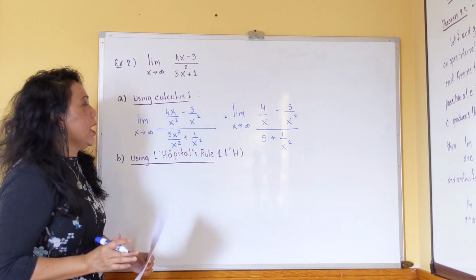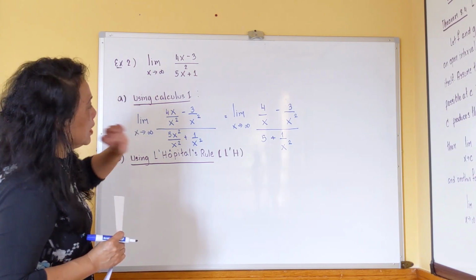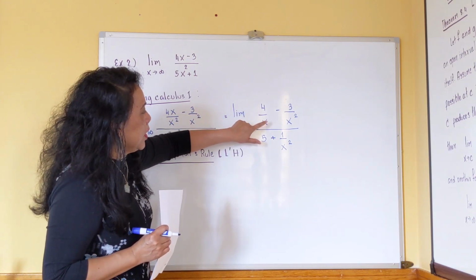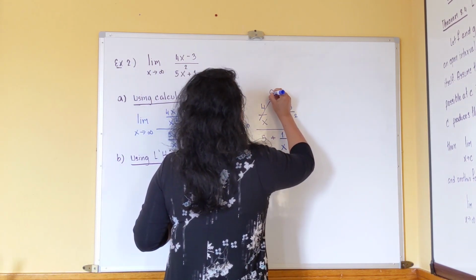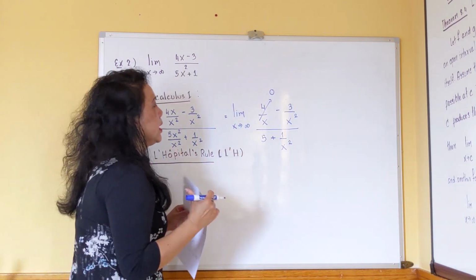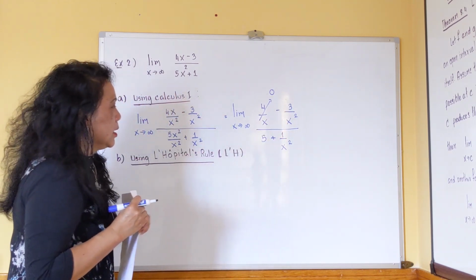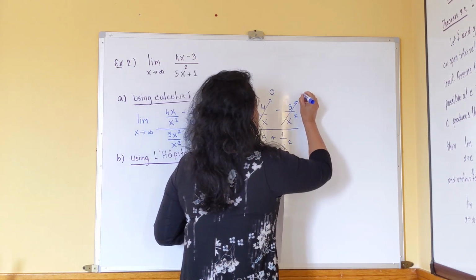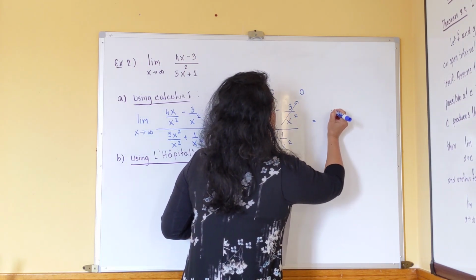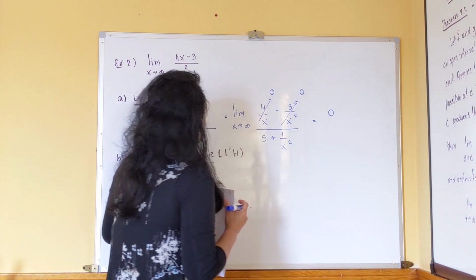As x approaches infinity, you're going to have 4 divided by a very big number, which means it's going to go to 0. Same thing, 3 divided by x squared as x approaches infinity will go to 0. So in the numerator, we have 0.